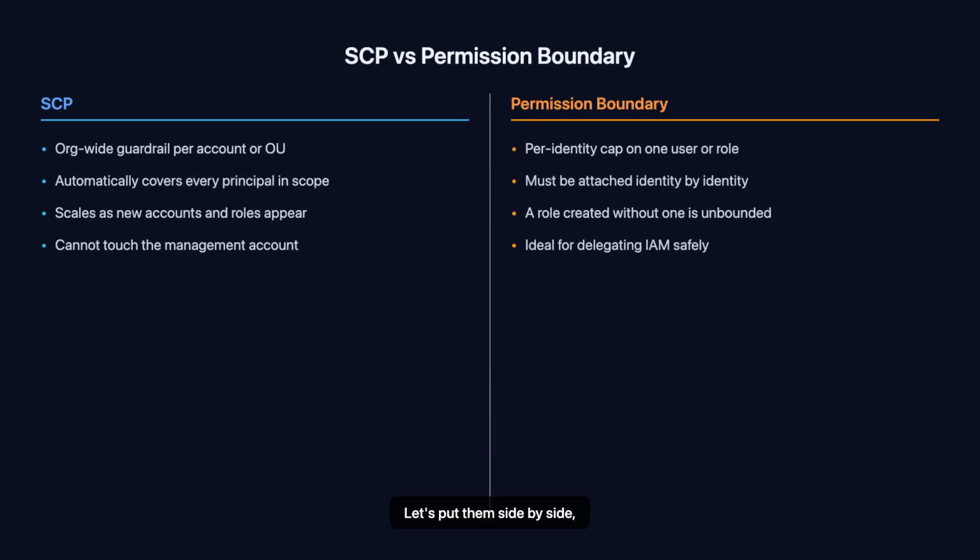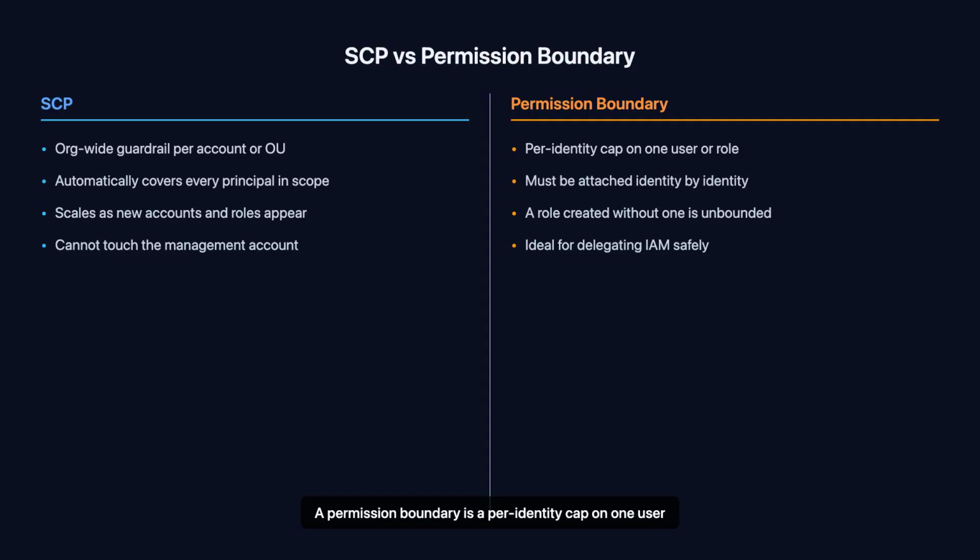Let's put them side by side because this contrast decides answers. An SCP is an organization-wide guardrail applied per account or per OU. It automatically covers every principal in scope, every user, every role, even ones created tomorrow. It scales effortlessly, but it cannot touch the management account.